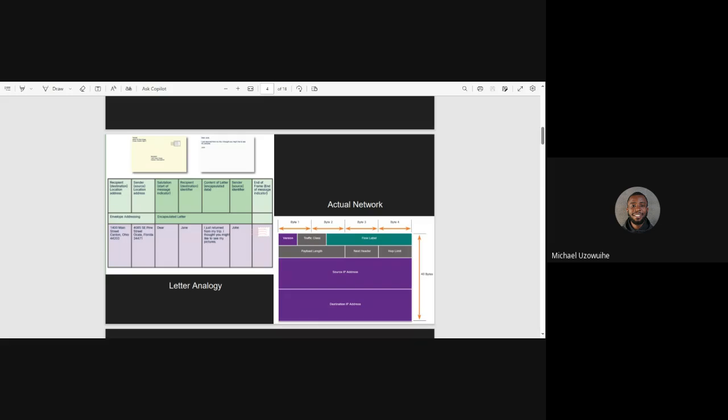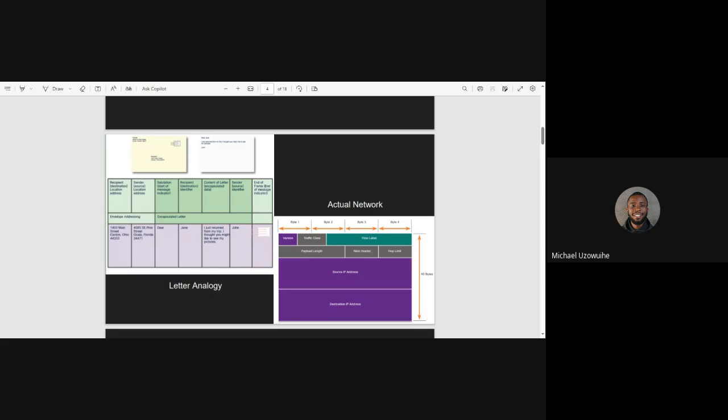That's encapsulation. While the envelope is the thing that is transported, the actual message is inside the envelope. Even if somebody has to open up the envelope to read the content of the letter, the same thing also happens in network communication. There is a way things are put inside another so that when it gets to a device, they just have to unveil it and see the actual message.